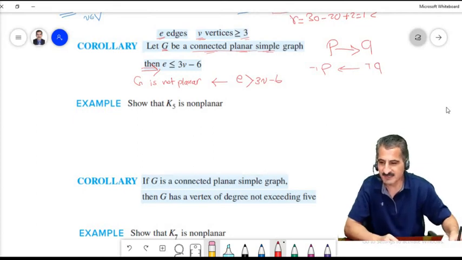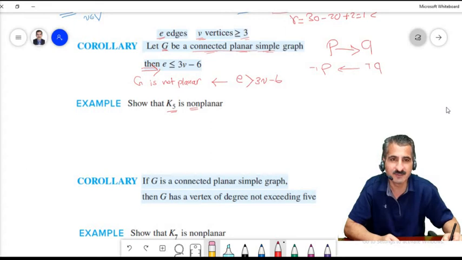For instance, K5 is non-planar. What is K5? It is the complete graph that has 5 vertices. What do we mean by complete graph? A complete graph is a graph for which every vertex is adjacent to any other vertex in the graph, which means all vertices are connected to each other.